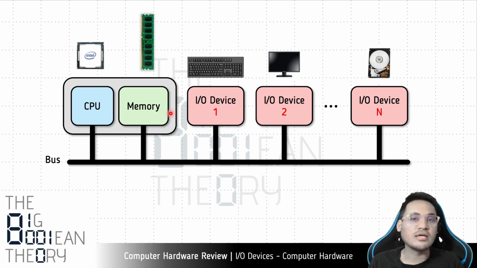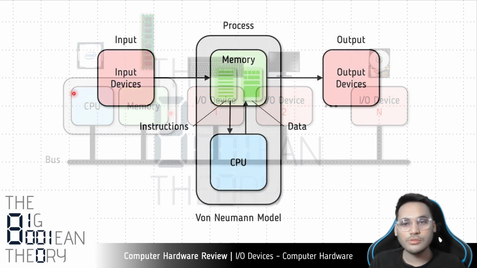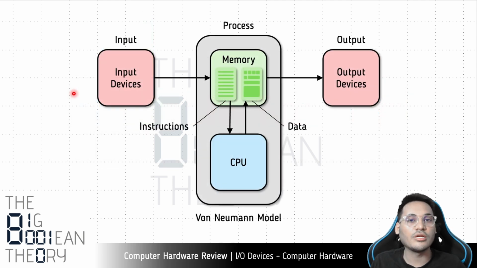Now let's understand the role that the IO devices play in the computer system. In order to understand the role of the input and output devices, let us revisit the von Neumann model that depicts how the computer system works. If you see this model, the process, or the user journey of computing, starts with the input devices.